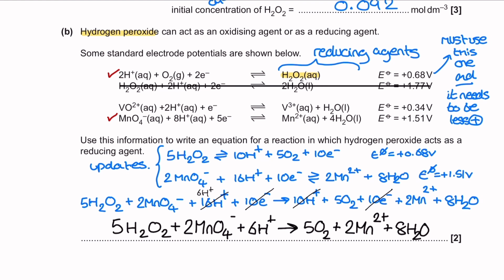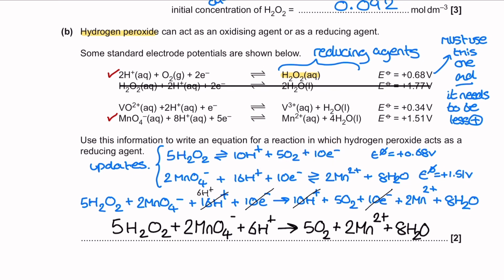What I've done before I do my combination is a little update. You can see I've written my updates here. I have now written the top equation in the other direction because now I want that to demonstrate oxidation. So I've got my electrons as a product just here so that I can effectively combine it with the other one, which needs to be a reduction as it's written here. But you'll notice I've got a few extra electrons now than I did before.